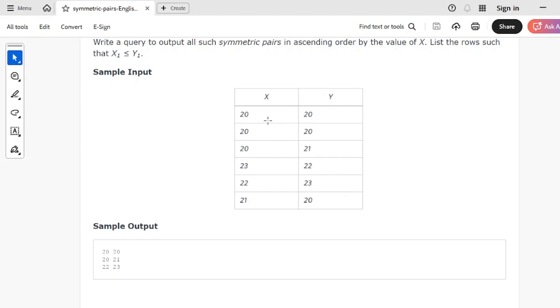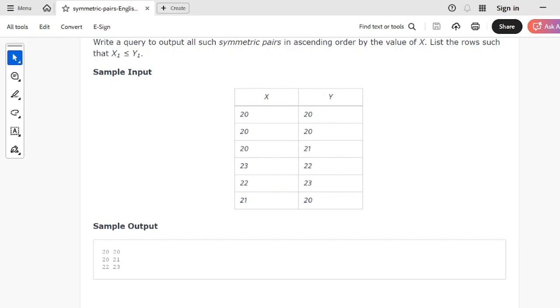The first and most important thing in the question is how I can get this table, how I can compare the first row record with the second row record. How can we compare that? To do this, we can self join this table on x with y.